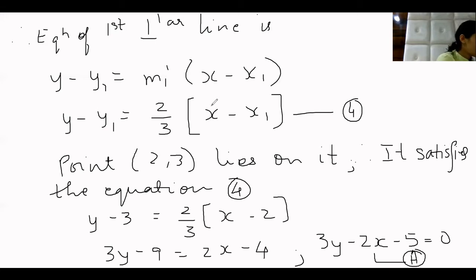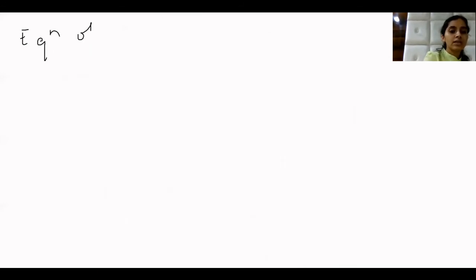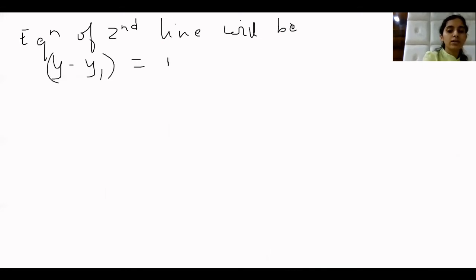Similarly, you can find the second equation. For the second equation, again the same rule we'll use. The equation of the second line will be y minus y1 is equal to m2 dash into x minus x1.